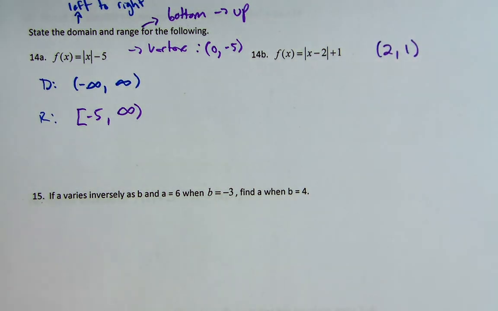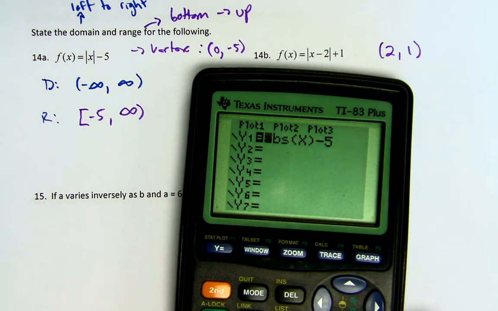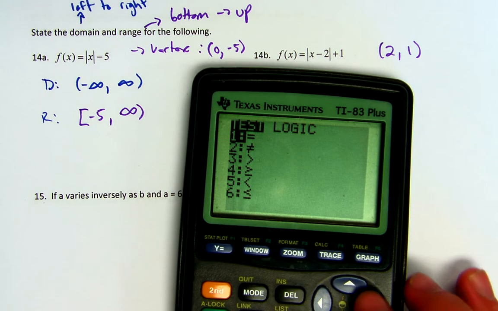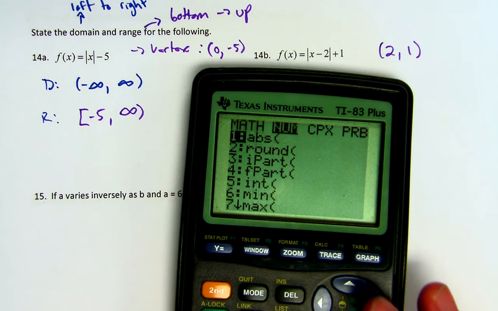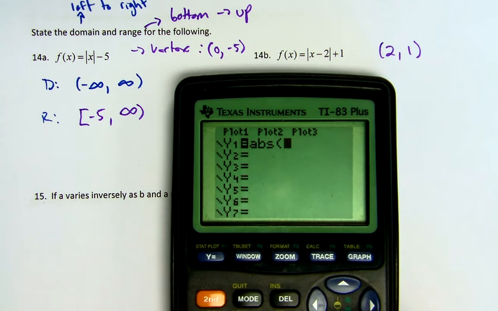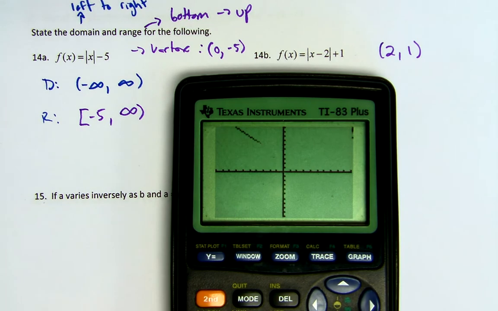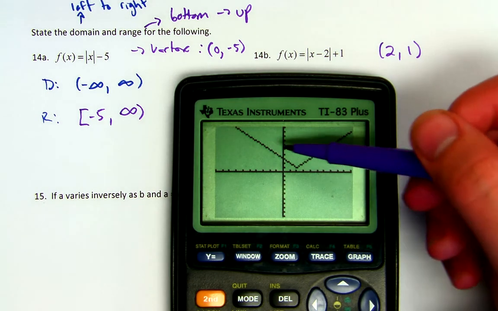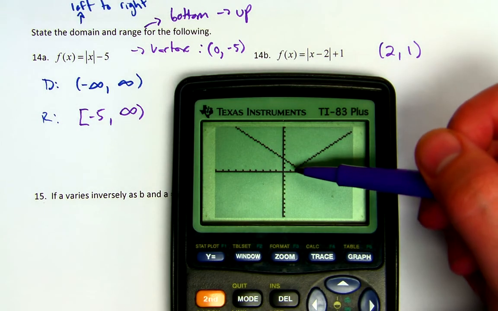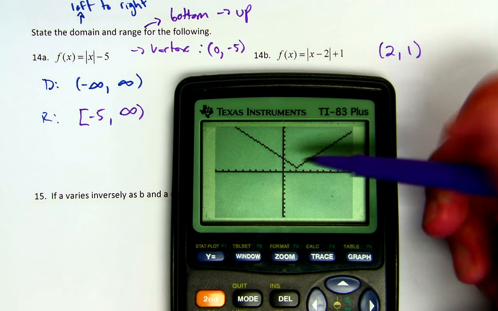But again, if you go to your y equals, clear out, get our absolute value here. Just need math. We have x minus 2, end, and then add 1 to the end. When I look at that lowest point again, 2, 1 seems to match, and it does.